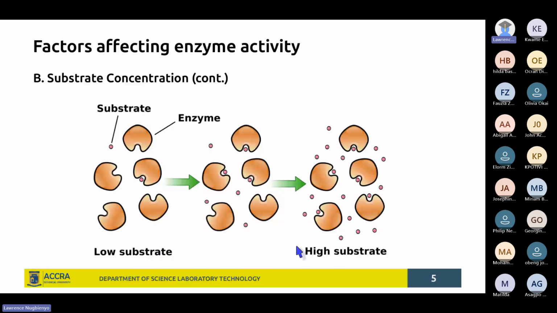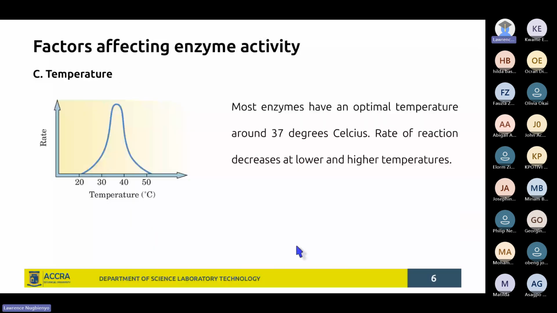How about temperature? Now you notice that with temperature, you have an optimal temperature. So this curve is for the general physiological temperature of, say, human beings, where we have our physiological temperature around 36.6, approximately 37 degrees Celsius.